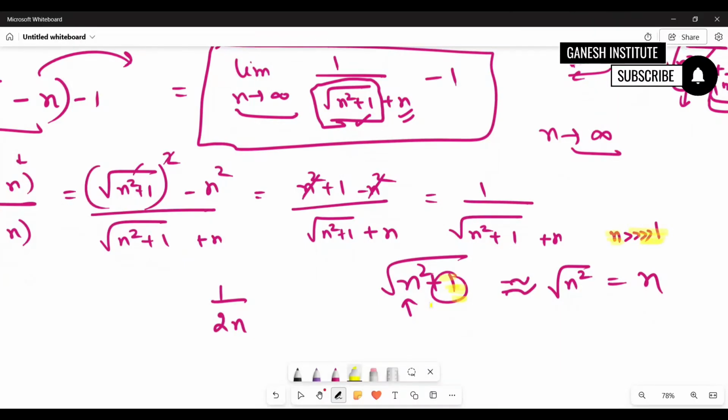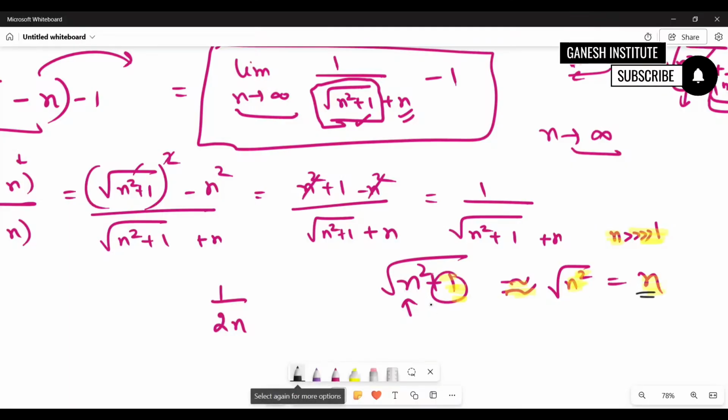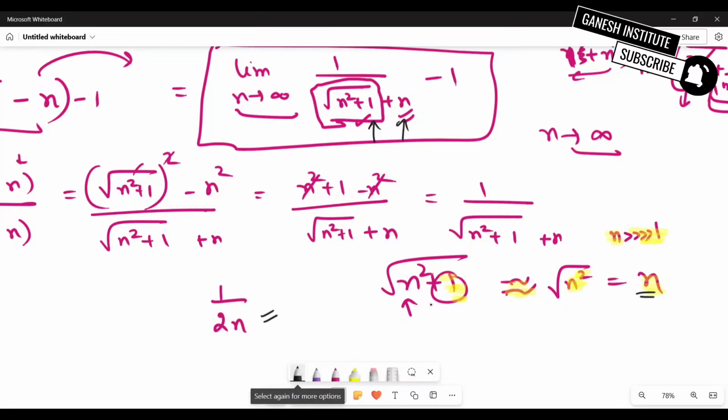So 1 is basically small, insignificant. I have assumed that we leave 1, it will not make any difference even if we add it. Then square and square root get cancelled and I got n. And when I substitute n back, n plus n is 2n. Is this fine?